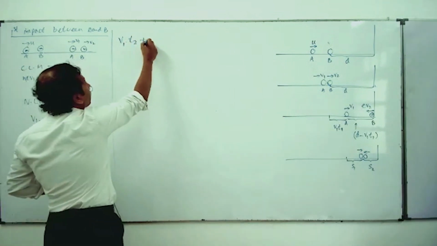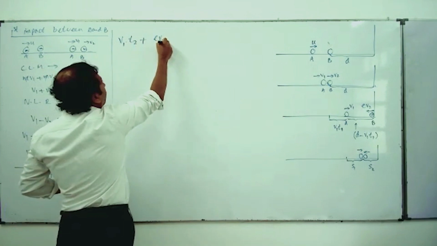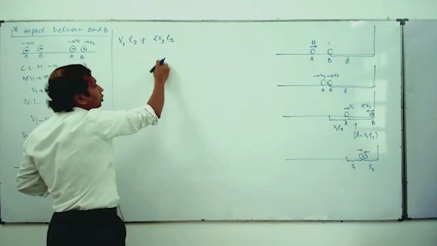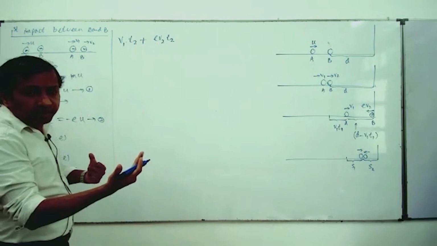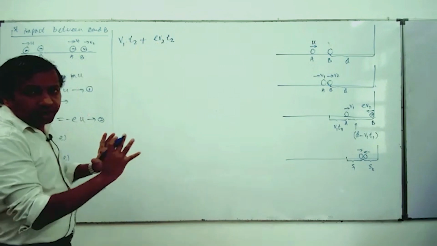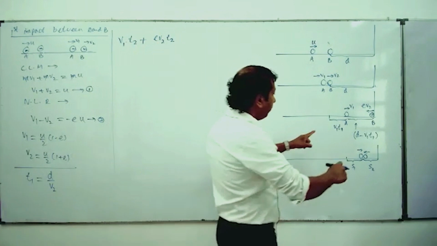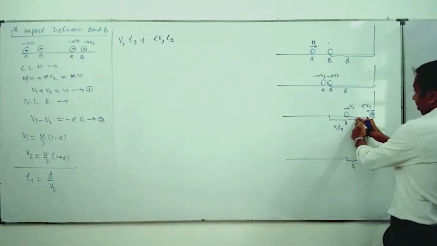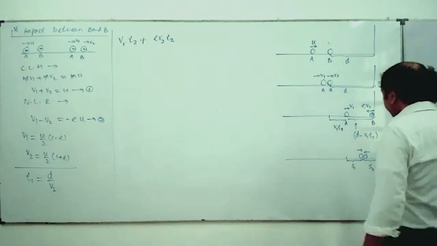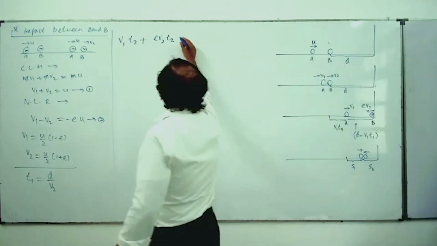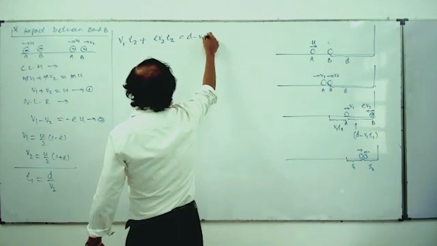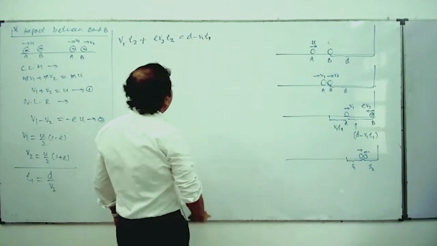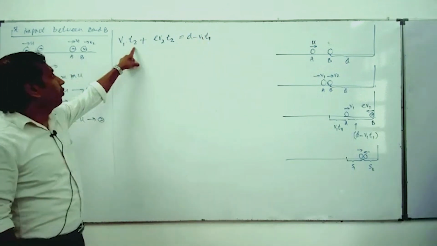Plus EV2 T2, the displacement traveled by B away from the wall. Their sum should be equal to this length, no? This comes towards the wall, this goes away, the sum is D minus V1 T1. Now, by this, we have to find T2.